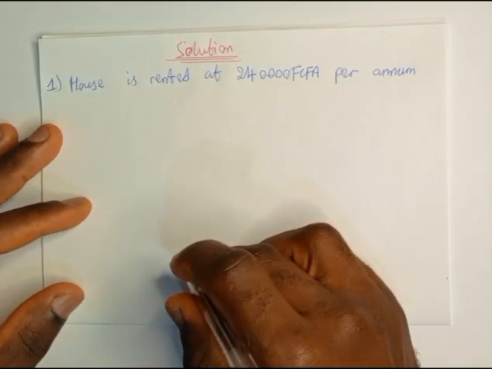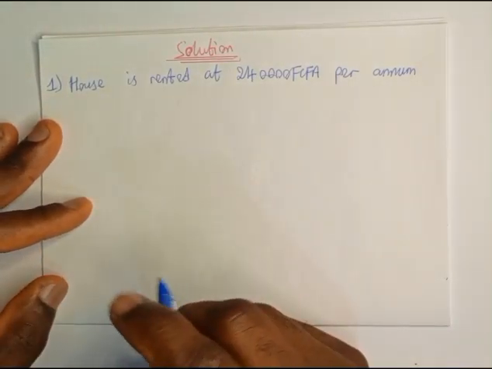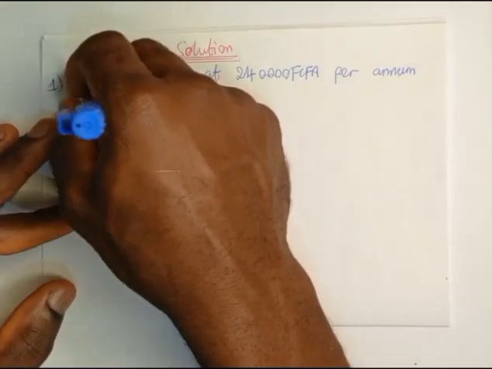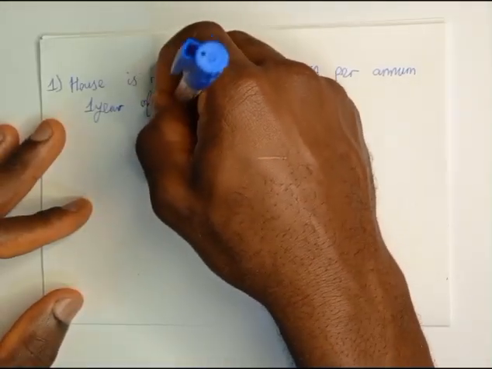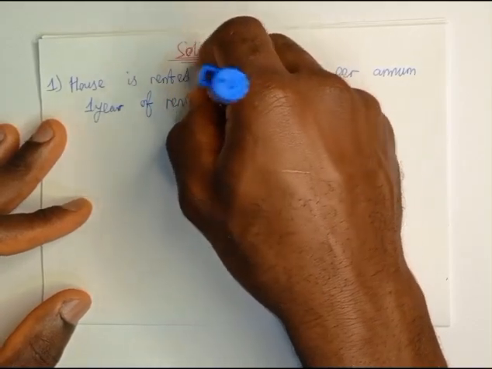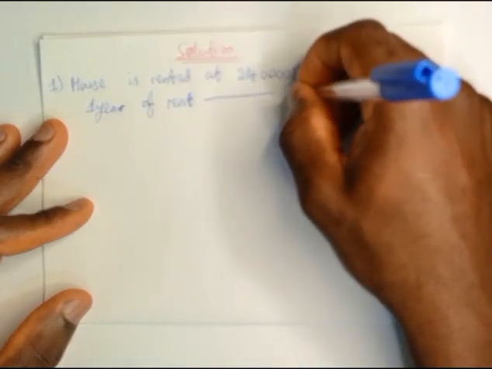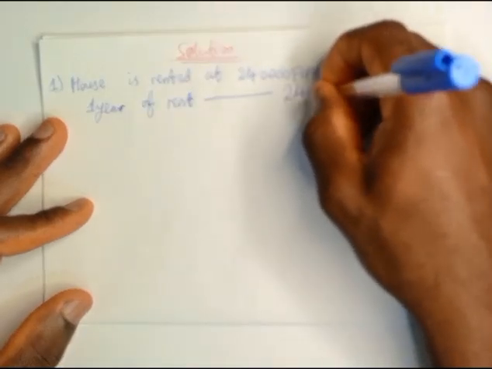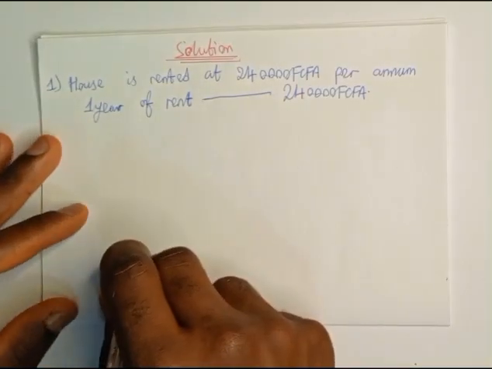The 240,000 francs CFA per annum is simply a rate, which means for 1 year, the rent of the house is 240,000 francs CFA. That is what it means.